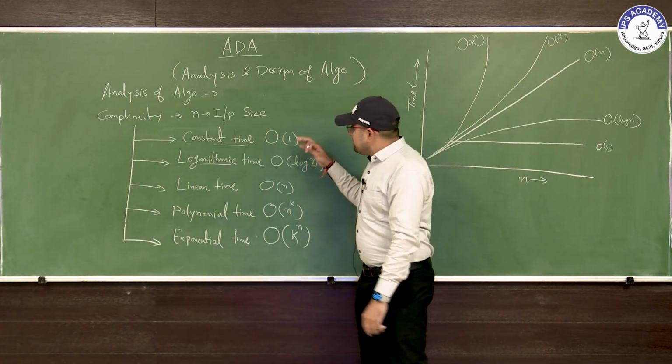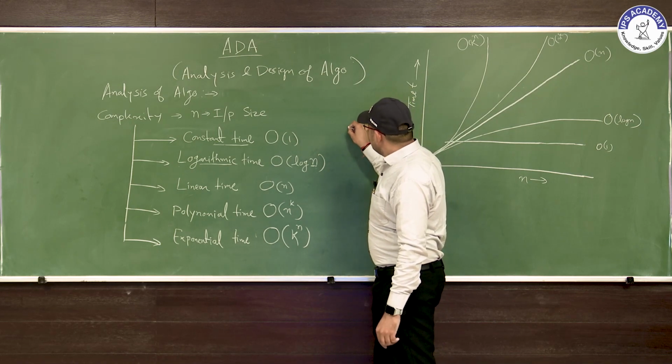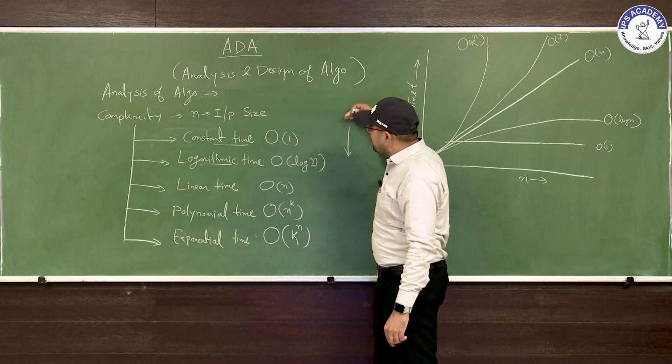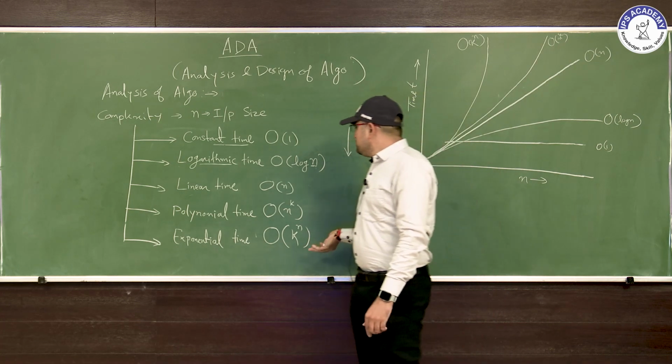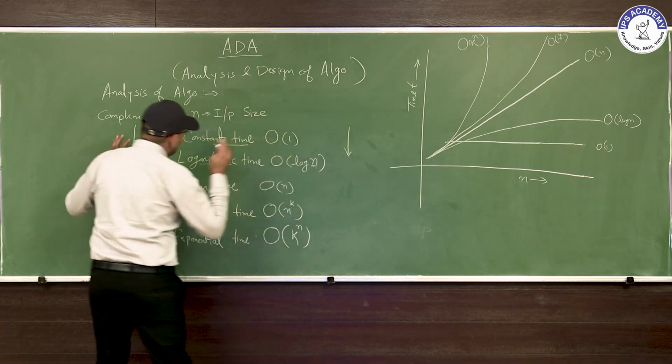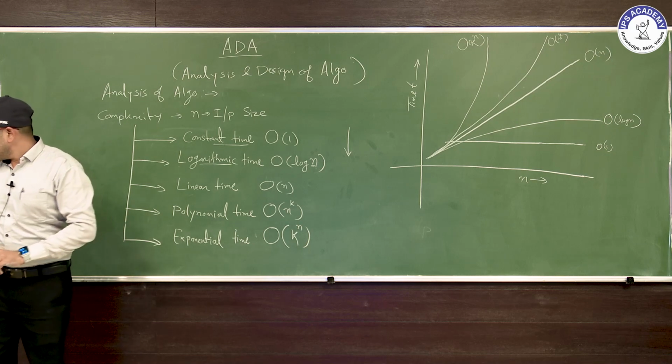So definitely here I have written it in a sequence. If we move from up to down, then the complexity would increase, right? And if we move from bottom to top, it would decrease. So I have shown it in a graph also.